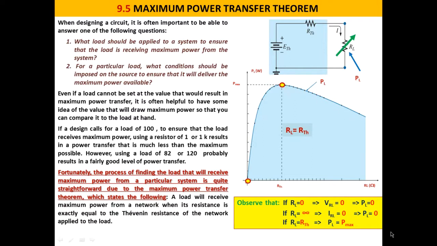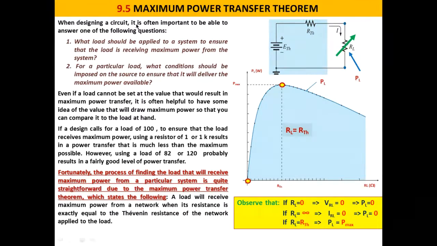After that, it will decrease until it reaches 0, as explained here. So we know the behavior of the power absorbed by the load when we change RL, and we have observed that when we set RL equal to R Thevenin, we get the maximum power transferred to the load.